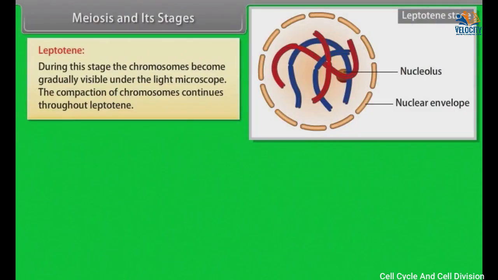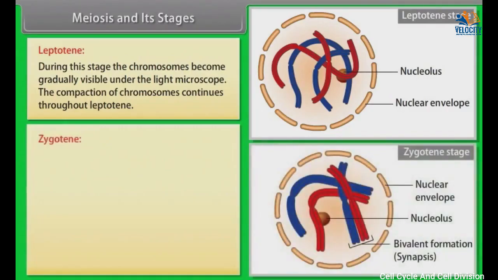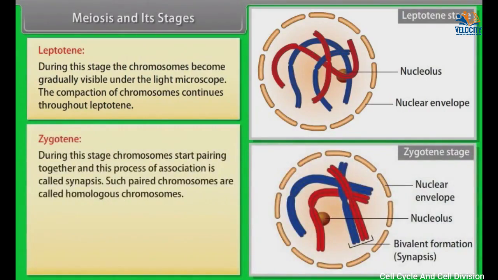This is followed by the second stage of prophase I called zygotene. During this stage, chromosomes start pairing together, and this process of association is called synapsis. Such paired chromosomes are called homologous chromosomes.